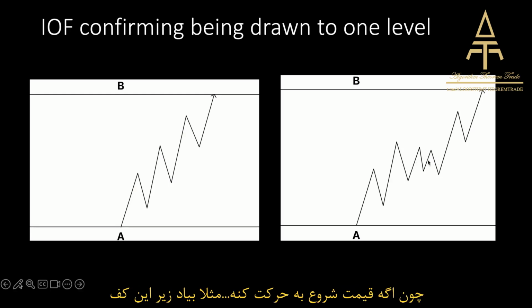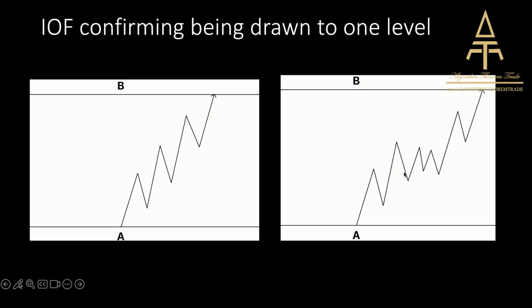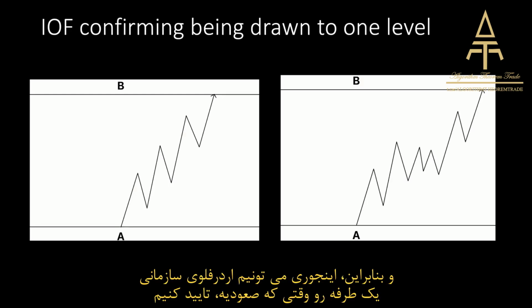Because if price would begin to displace, for example, below this row, why specifically that row? Because that row retraced into this expansion leg right here, that could signal a change in the state of delivery. And therefore, this is how we confirm one-sided institutional order flow when bullish.